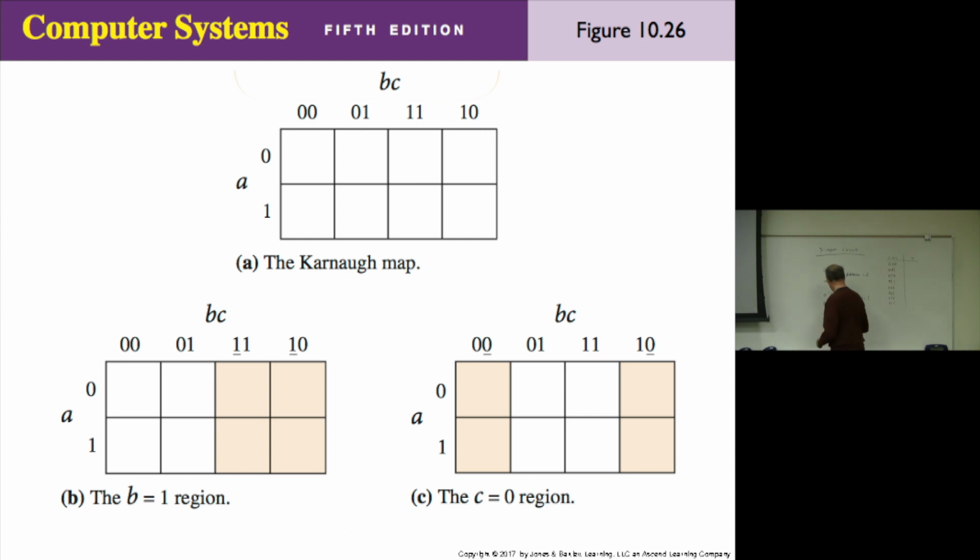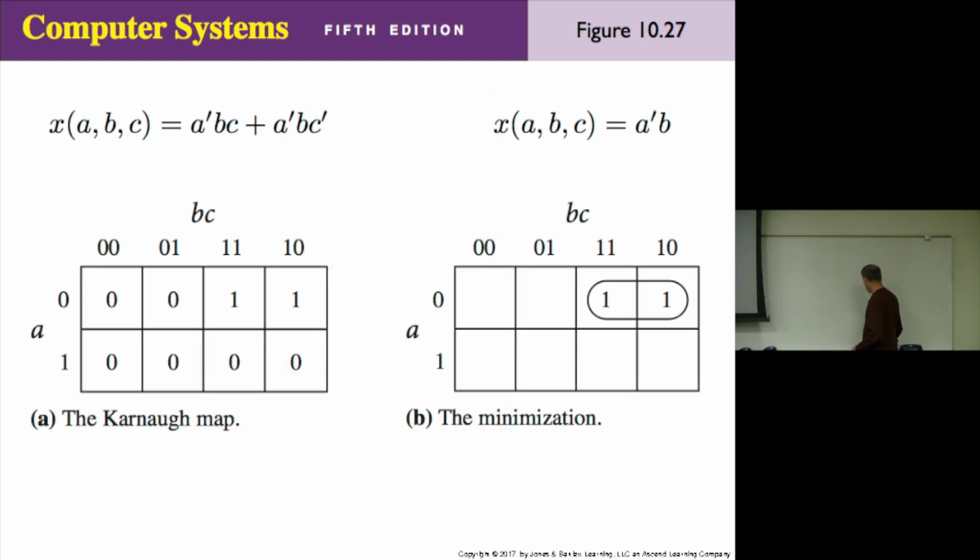Now, what we're going to do next is see how this Karnaugh map is used to give us the minimum circuit. The first example we're going to look at is in figure 10.27, and the function that we want to minimize is the function x of ABC equals A prime BC or A prime B C prime.